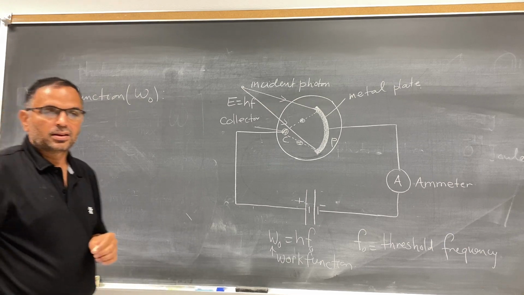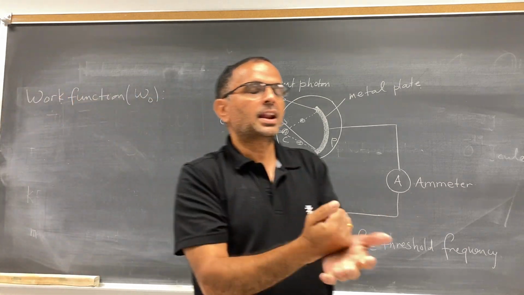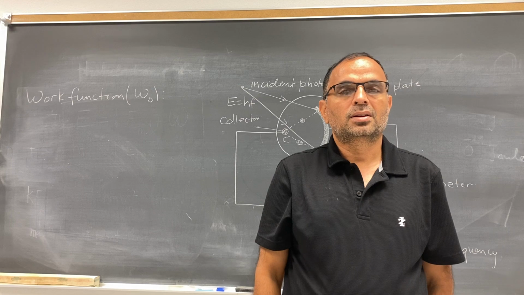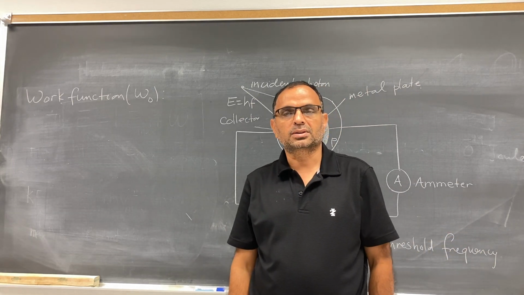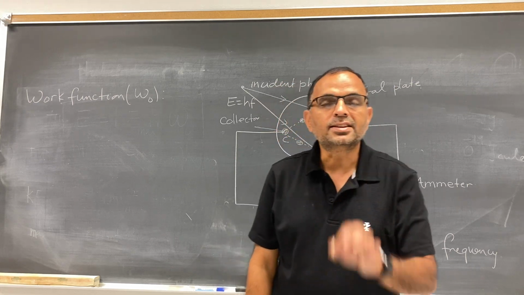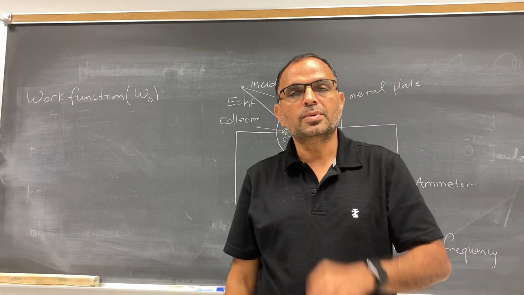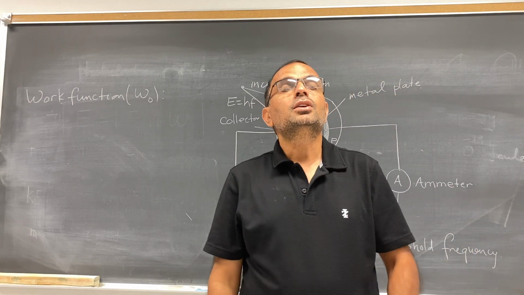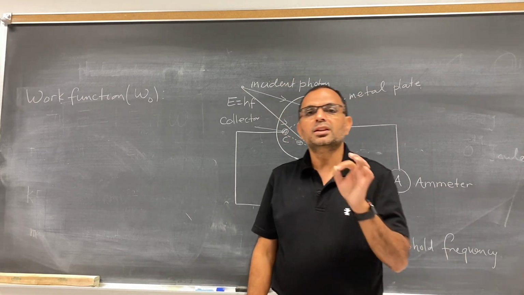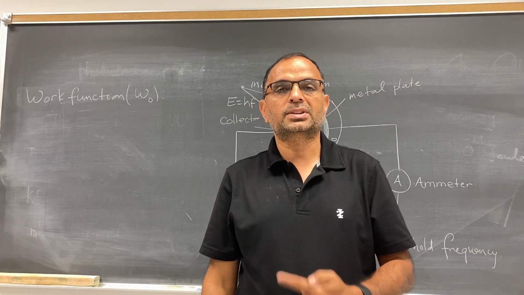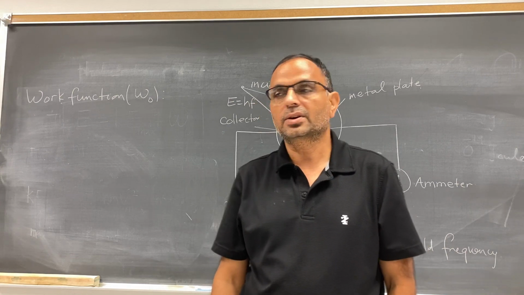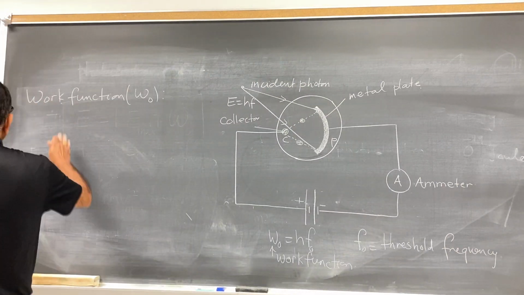If you simply strike light on the metal surface, you cannot emit the electron from the metal surface, because the incident light must have a certain minimum energy. So the minimum energy required to eject the electron from the metal surface is called the work function.